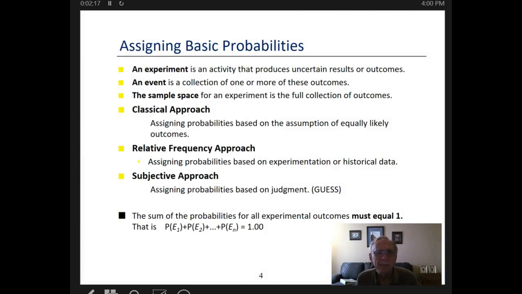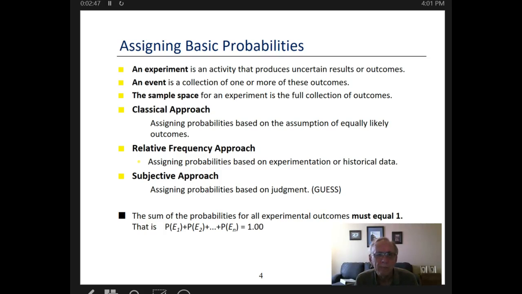So we've got basic probabilities. We have an experiment that we have to produce. We have an event, which is a collection of one or more of these outcomes. Sample space is from an experiment in which the full collection of outcomes is gathered. And we've got 3 different types of approaches. Classical, where we're assigning probability based on the assumption of equally likely outcomes.